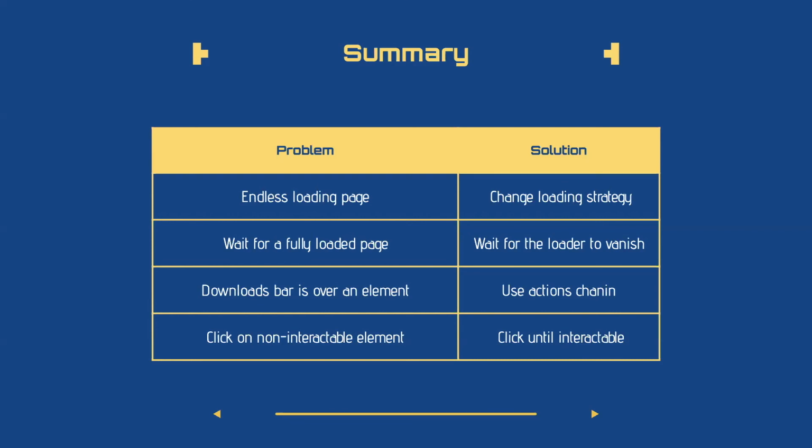In order to overcome this problem, we used the actions chains. We moved this element, and that way we made sure that our element is presented on the screen. The last one that we just saw is to click on a non-interactable element. We implemented a method which we called click until interactable.